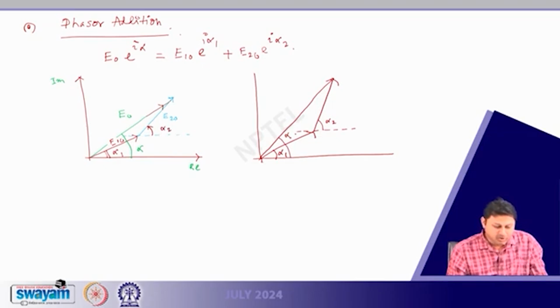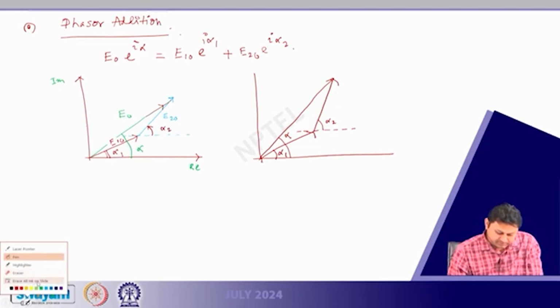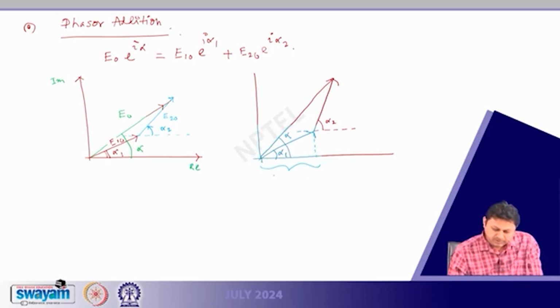Okay, now component-wise, if I divide, suppose here I make a component, so this component from here to here is E10 cos of alpha 1.